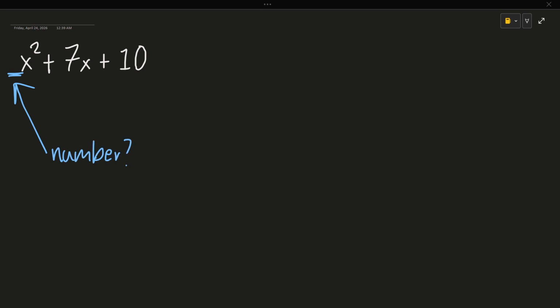Now, as you can see, there's no given number. Nothing at all. It's like as if it's zero, because there's no number beside it. Actually, there is. And that is 1. X squared is just the same as 1 times x squared.